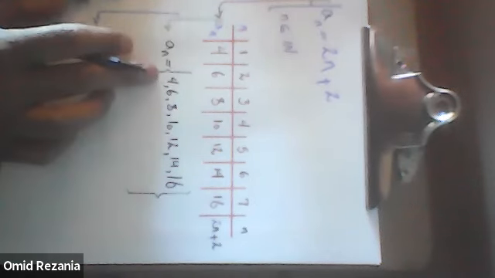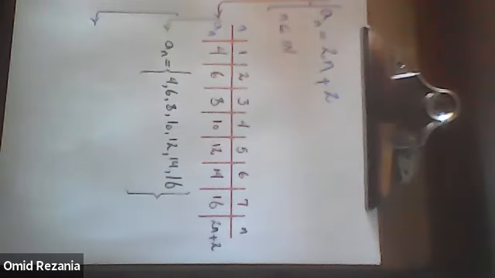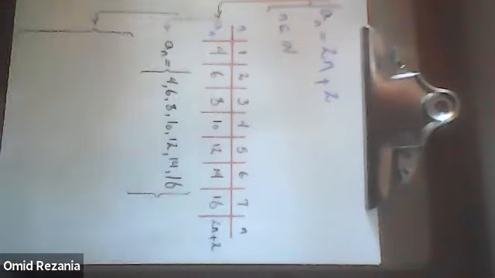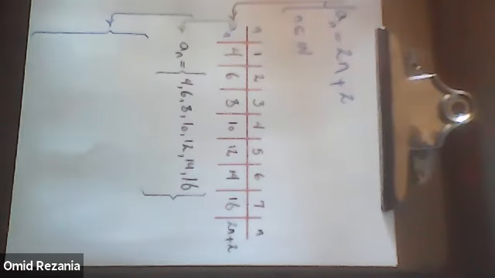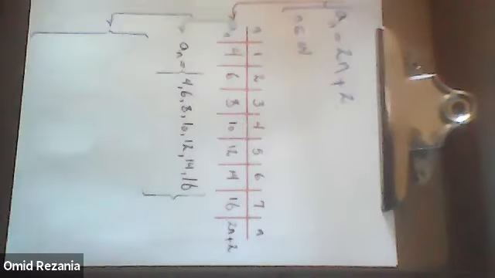What is that going to be? 4 plus 6 plus 8 plus 10. There are two options to do that. If you are interested to see what is the summation of these numbers, guys, please listen to this part. That is very important.